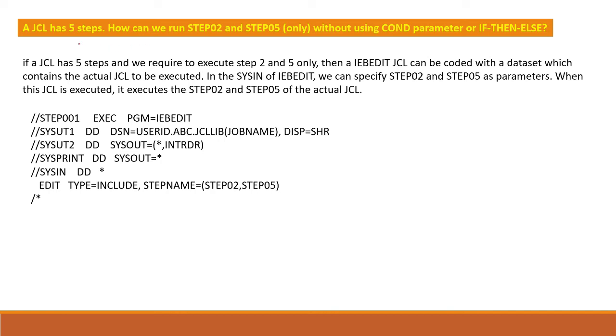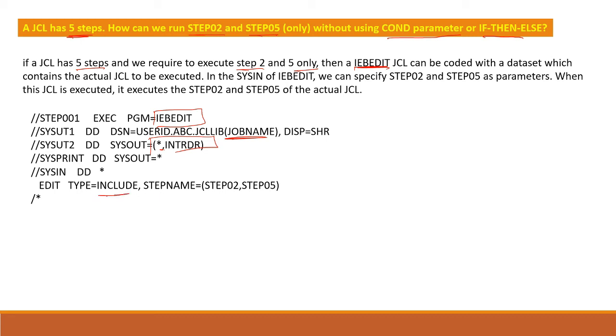There is one interview question. A JCL has 5 steps. How can we run only step 02 and step 05 without using the COND parameter or IF-THEN-ELSE? If a JCL has 5 steps and we require to execute step 2 and step 5 only, then we will use the IEBEDIT JCL. We use the IEBEDIT utility, and then we submit this job, and it has these parameters.